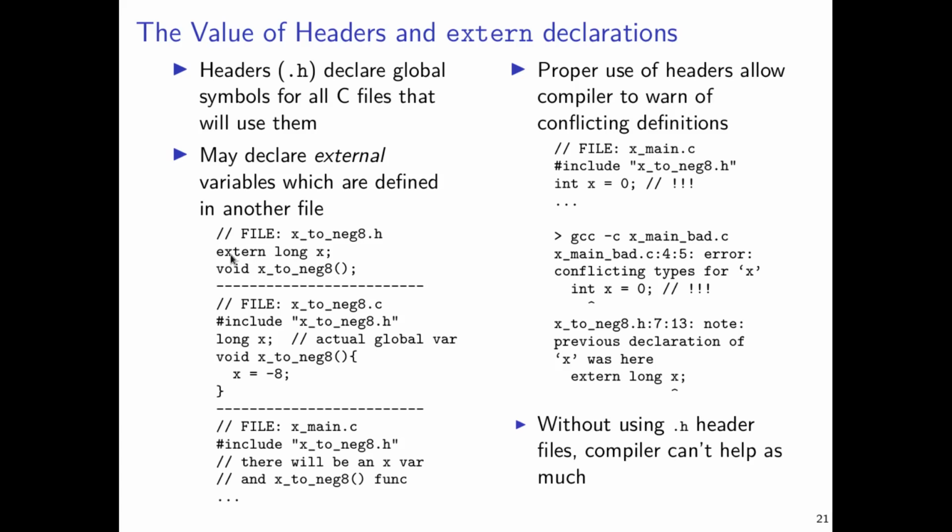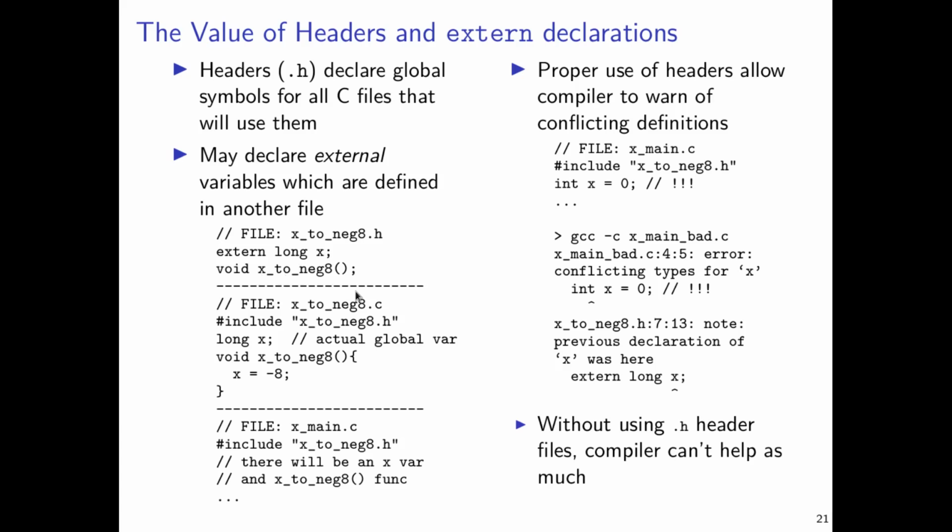The modifier extern here says there is going to be an x and it is going to be a long. Anybody who includes it can rely upon it being there because I promise eventually to link you to some .o that actually has this x with 8 bytes of storage in it. And there will be a function named x to neg8 present out there.